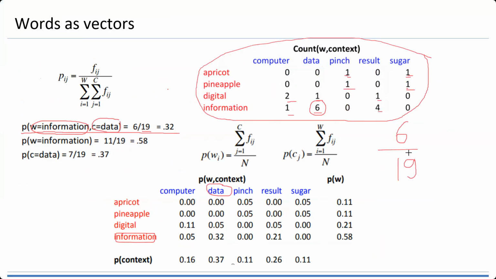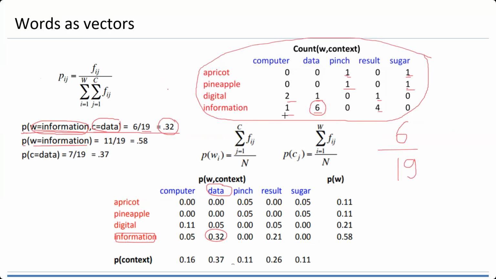So we have the P when the word is information and the context is data is 0.32.